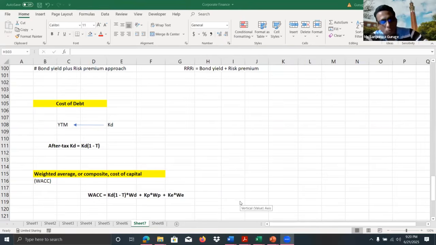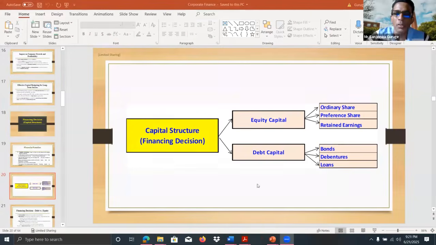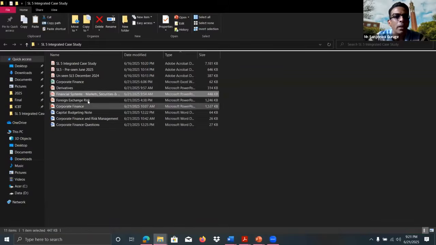The size of the investment and the industry matter, especially when the organization is planning to make an investment in a country with high risk. So these different factors should be incorporated into this risk premium.